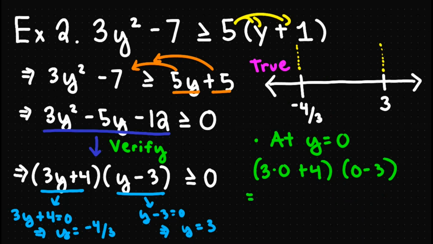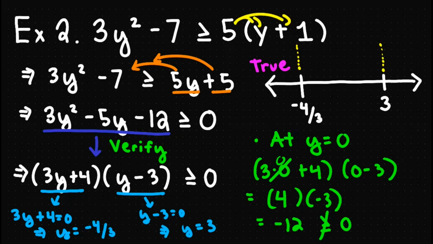This will give us 4 times negative 3, which is negative 12. As you can see, the inequality is not satisfied since negative 12 is not greater than or equal to 0. Therefore, the region here is false.